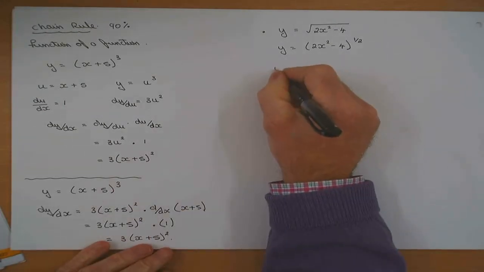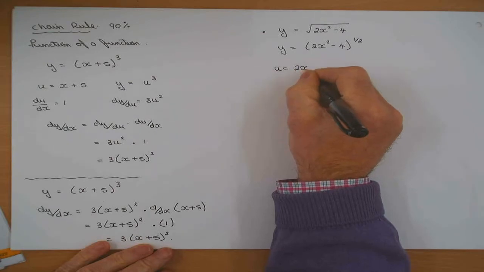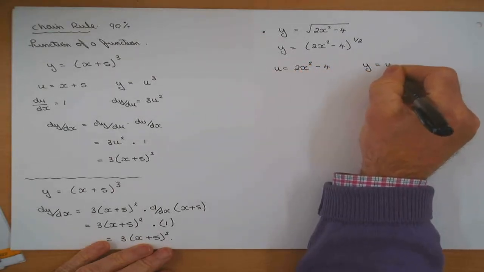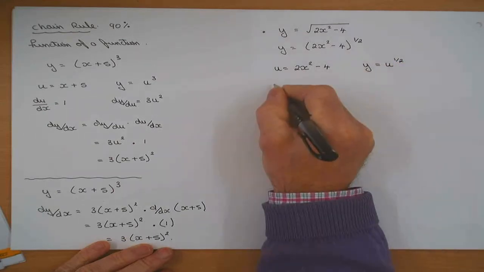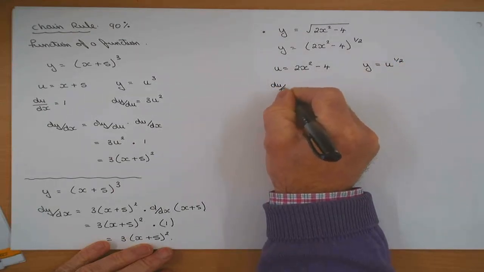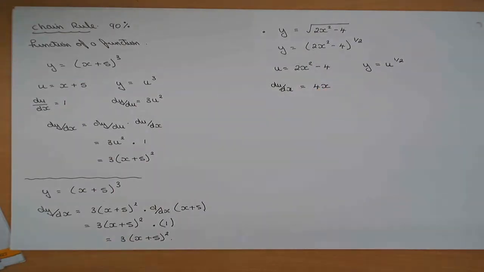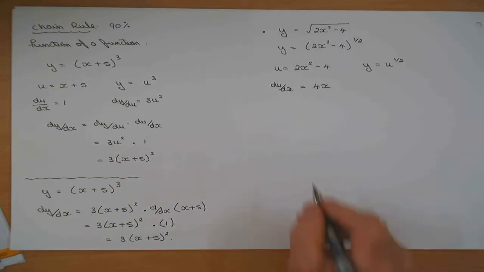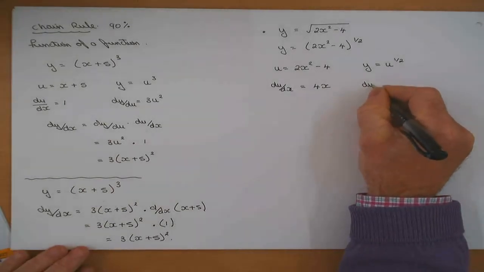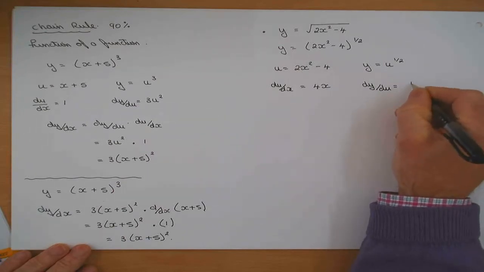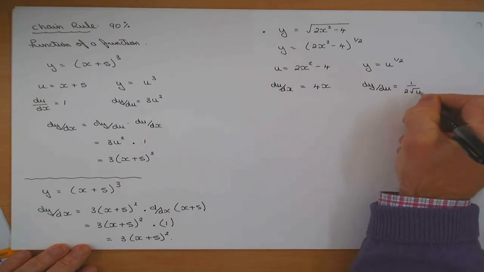So you'd have to let u equal to 2x squared minus 4. That means y now is equal to u to what power? 1/2. du/dx is equal to 4x. And dy/du, the square root of u, 1 over 2 root u.